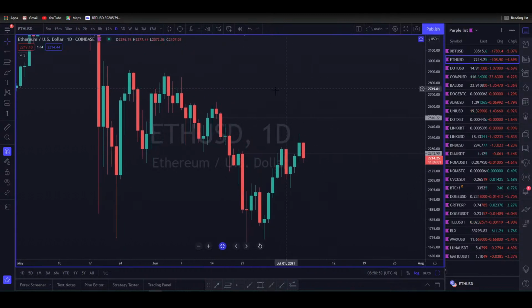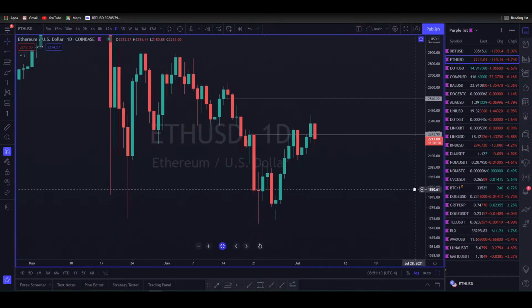You're still in the midpoint roughly of this leg to the downside, from this swing high all the way down to this swing low. You're testing the midpoint of it. So we got to get a close above this in order for the bulls to be back in control.